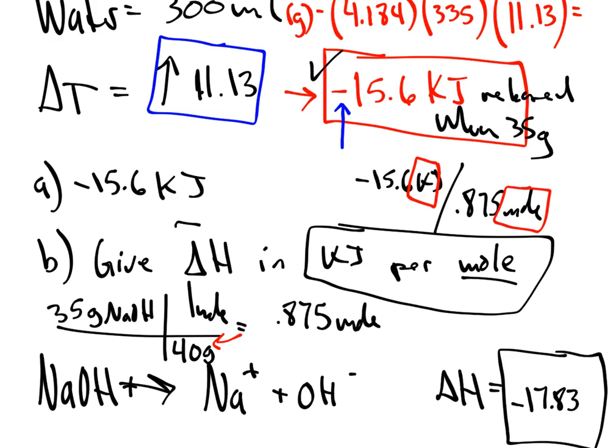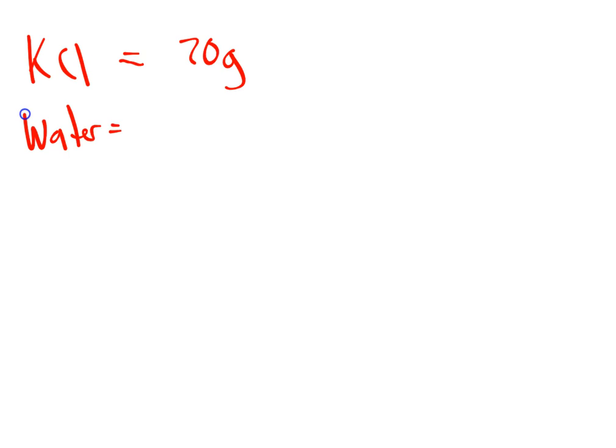Yeah, I'm just going to write this one out. So let's say that KCl dissociates whatever, and let's say I have 20 grams. Let's say that my mass of water, or my volume, was 300 milliliters. Which really means what? 300 grams. Good. All right.